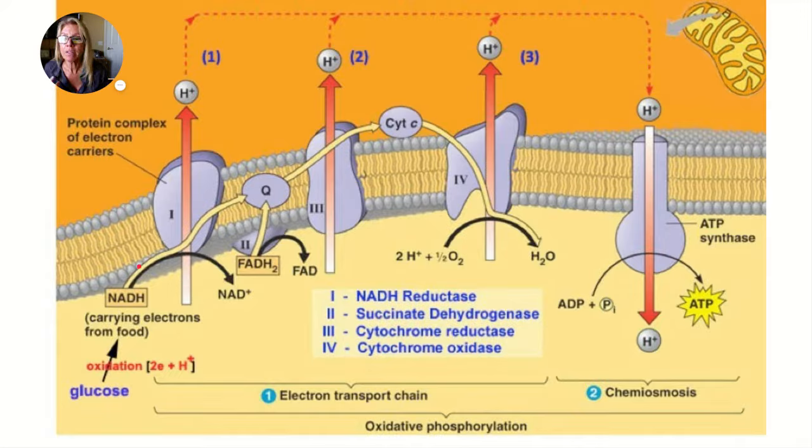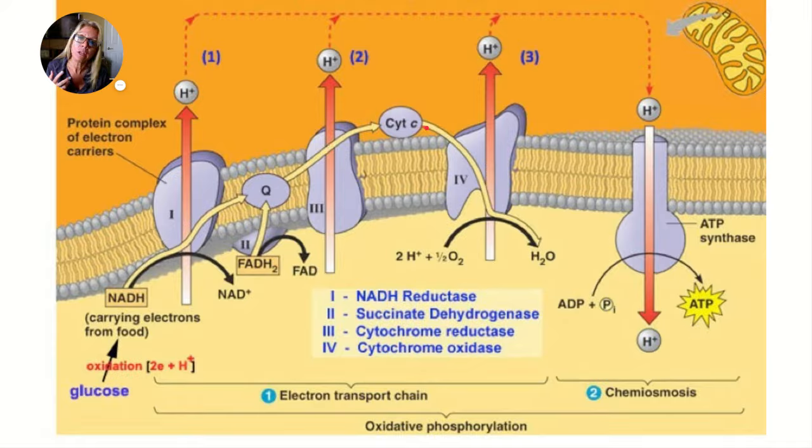Now these electrons are going to get passed along at 3 places. We're going to call this first one right here reductase. The second one where it comes out right here, number 3, is cytochrome reductase. So we're going to just say reductase. I'm just using the second word there.